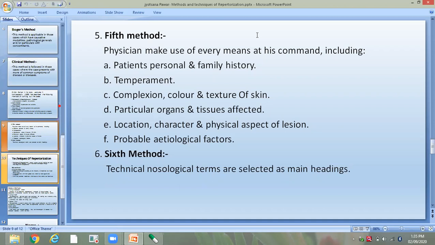Then the sixth method of repertorization, when technical nosological terms are selected as main headings.